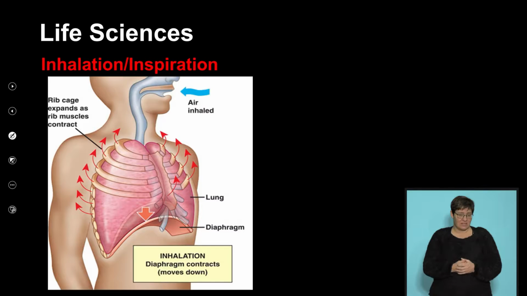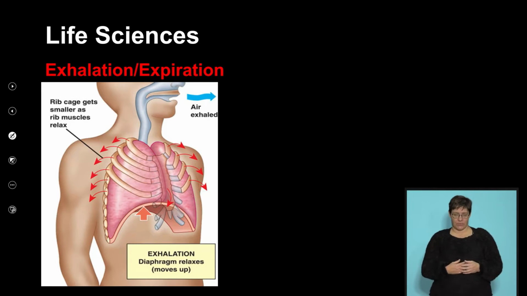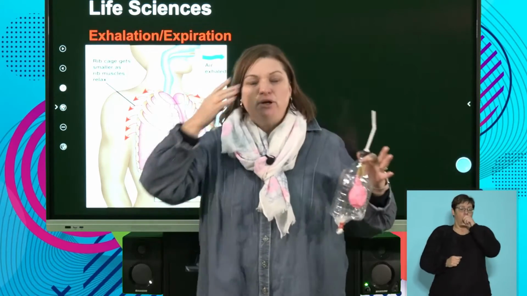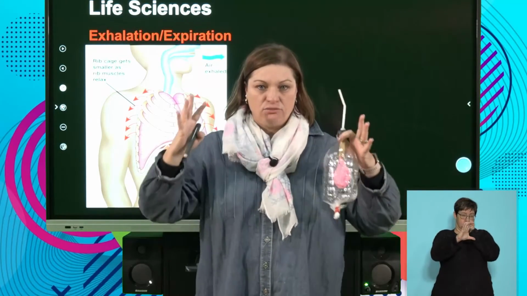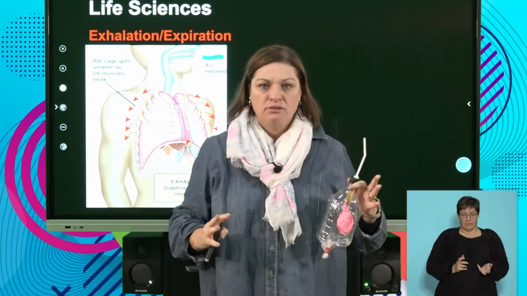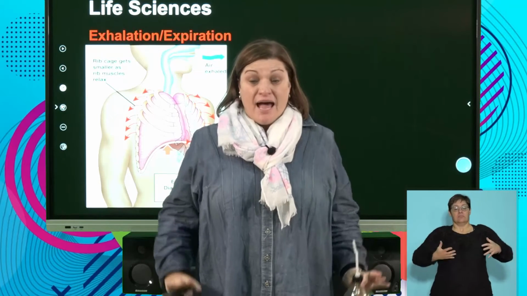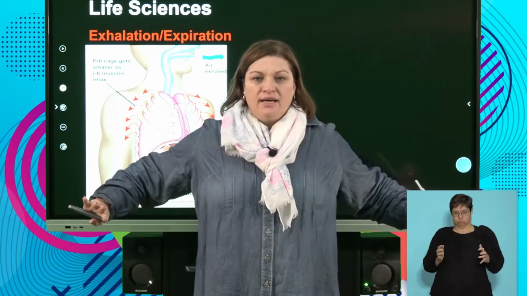Now when I want to breathe out, what do you do when you blow up a balloon and you want to get all the air out? I squish it. It's exactly what happens here. So now, when I breathe in, my diaphragm's down, my rib cage is wide, and I say air out.